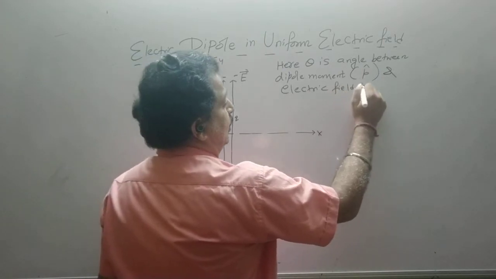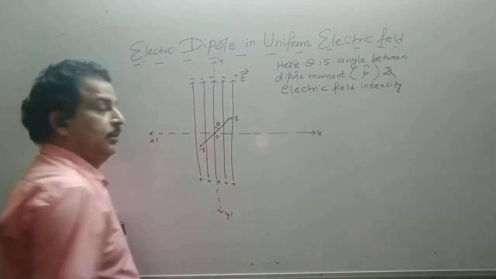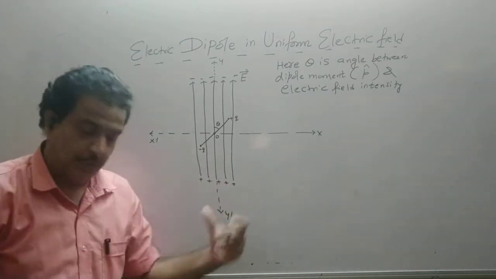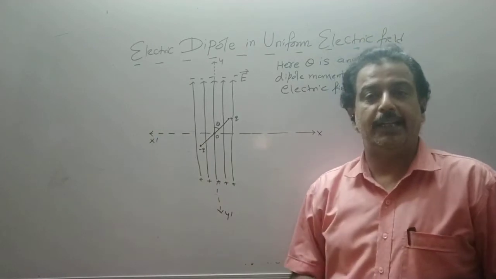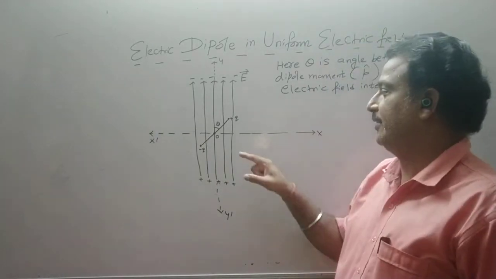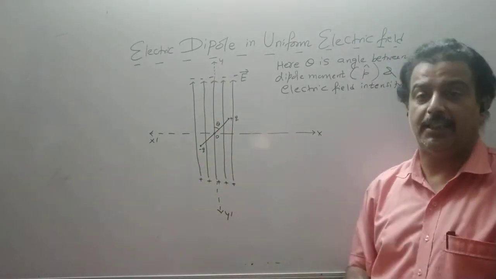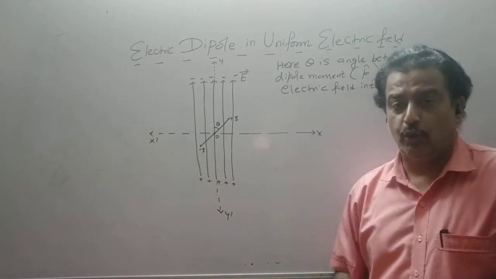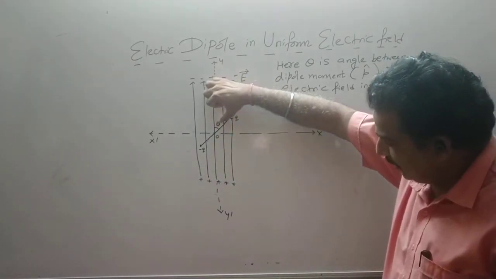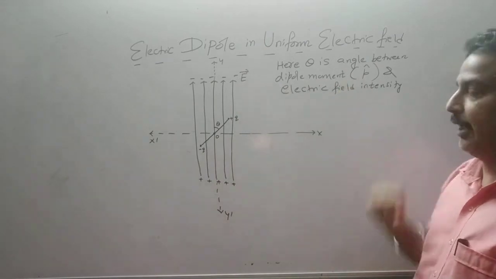intensity. Now if you get an angle theta in the final conclusion or in the final derivation, you should not remember it as theta, you should remember it as the angle between the dipole moment and the electric field intensity, because in the numericals theta will be given to you. Now suppose if this is 30 degrees, I can say theta is 30 degrees, the angle between E and P cap.